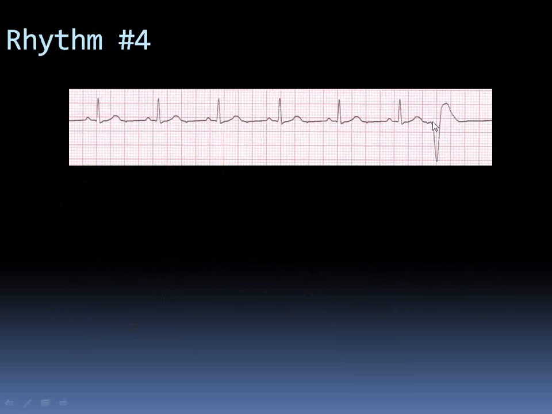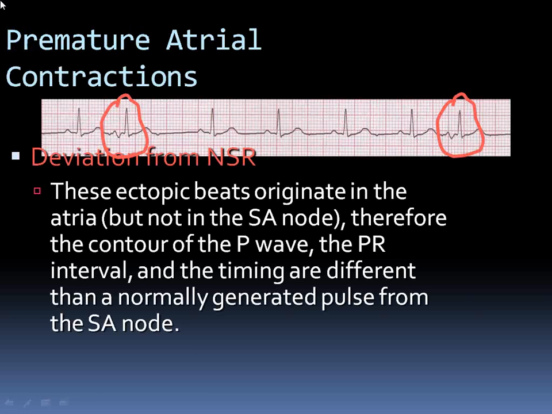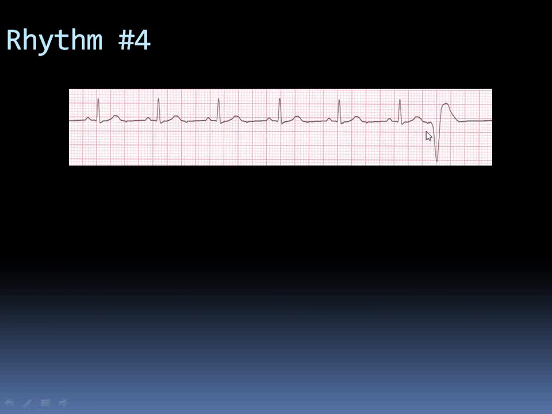It's wider, it's earlier, and you don't really see a P wave before it, as compared to the previous ECG in which we saw a P wave. This was a P wave and this was a QRS. But in this ECG, there is no clear-cut P wave before the QRS, and it's wide. So this is most likely a PVC, or a premature ventricular contraction.